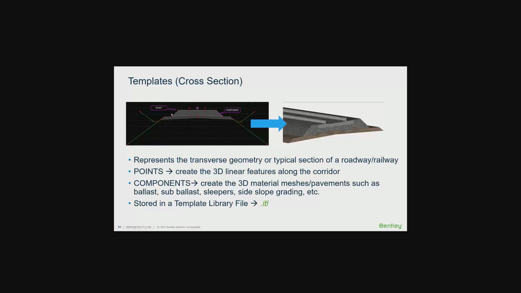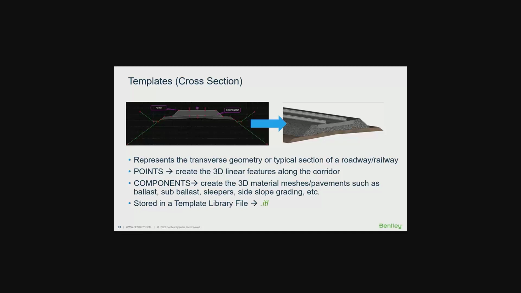The template has a series of points that you create, which would then create the 3D linear features when you have the 3D corridor. The closed components that you see here in the cross section, and the rendered one on the right side, are representative of your 3D meshes.